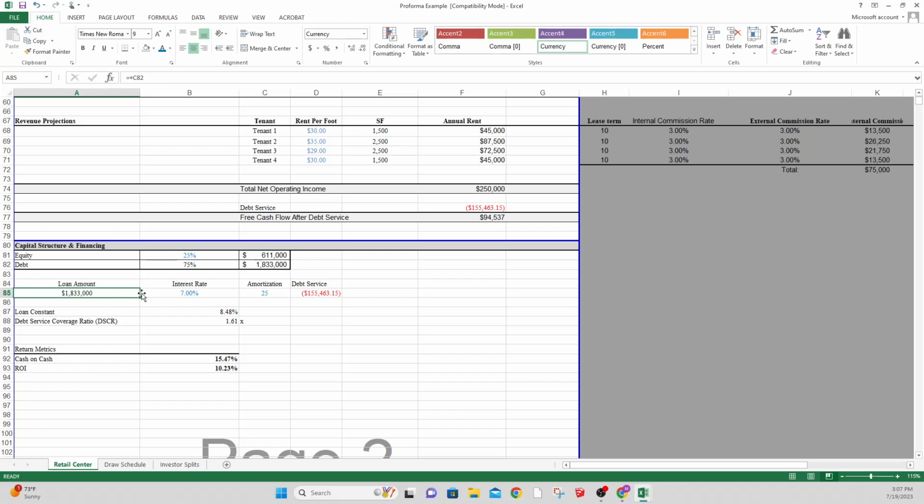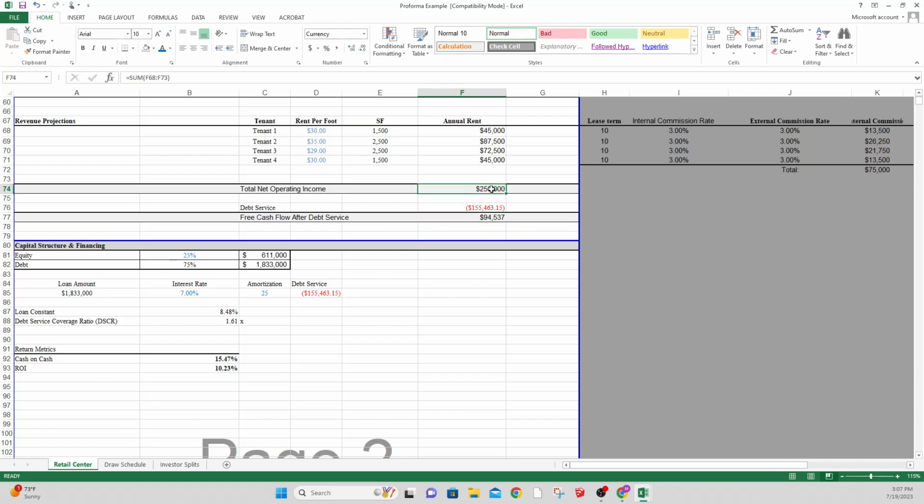I'm literally just connecting it from that calculation. The assumed market interest rate that I can get a permanent loan for is 7%, and the assumed amortization is 25 years, and that's more or less what the mortgage payment or debt service payment would cost, ultimately giving you the free cash flow of $94,000.